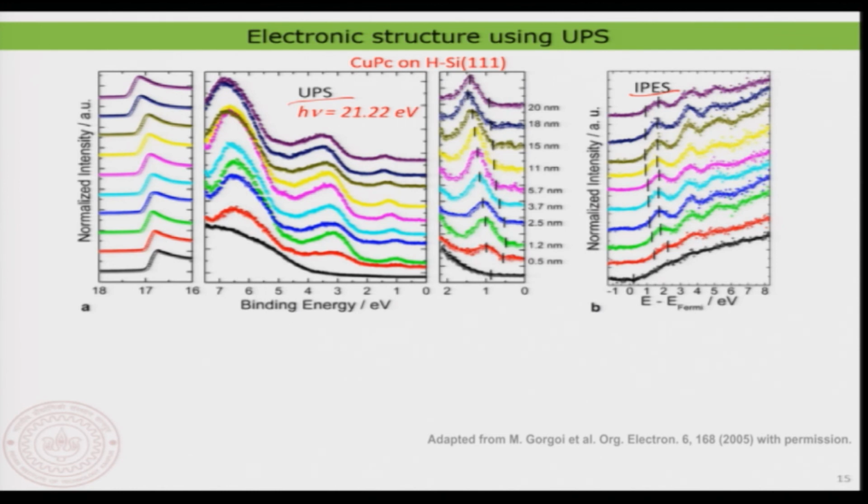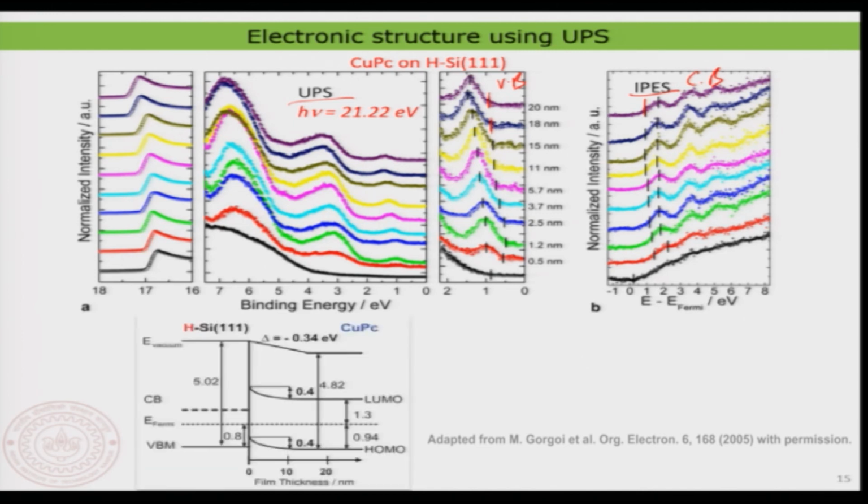What you clearly see is that as the thickness increases, the onset of the density of states of the valence band shifts away from the Fermi energy, and similarly the onset of the conduction band. This is representing the conduction band, and this is representing the valence band, and the onset of the conduction band is also bending in this way.